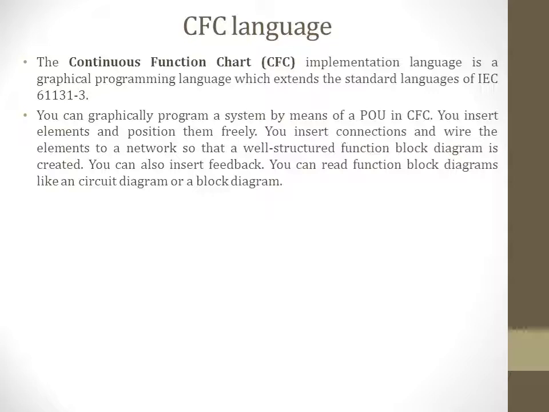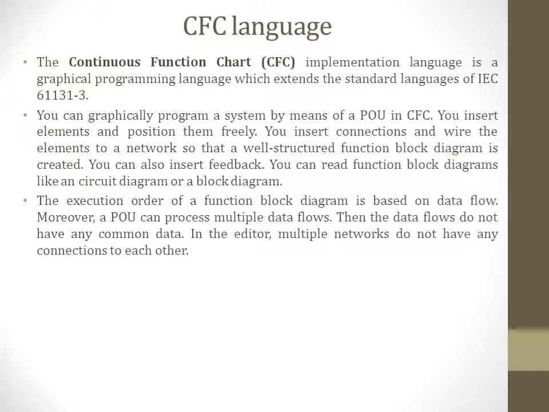You can read function block diagrams like a circuit diagram or a block diagram. The execution order of a function block diagram is based on data flow. Moreover, a POU can process multiple data flows. Then the data flows do not have any common data. In the editor, multiple networks do not have any connections to each other.